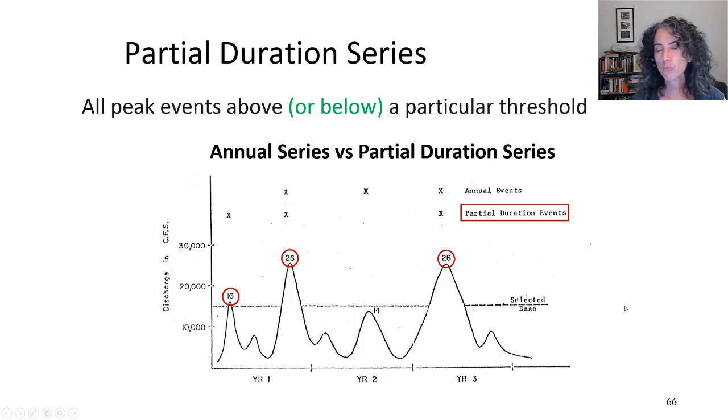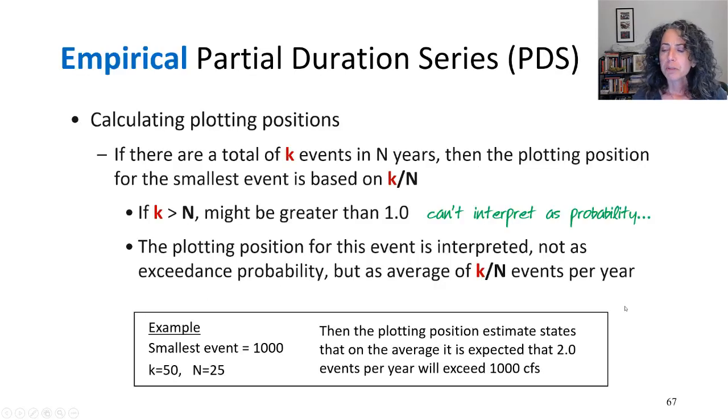Okay. The plotting positions for partial duration series have sometimes a different interpretation because plotting positions are intended to be an estimate of the exceedance probability, or for low flows, the non-exceedance probability. But if we have more events than we have years, then some of the rankings are going to be greater than n years.